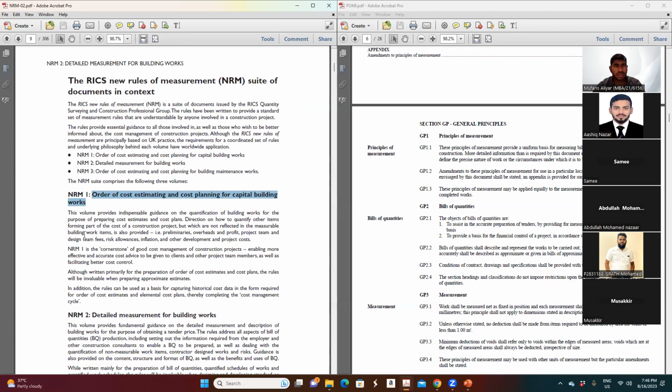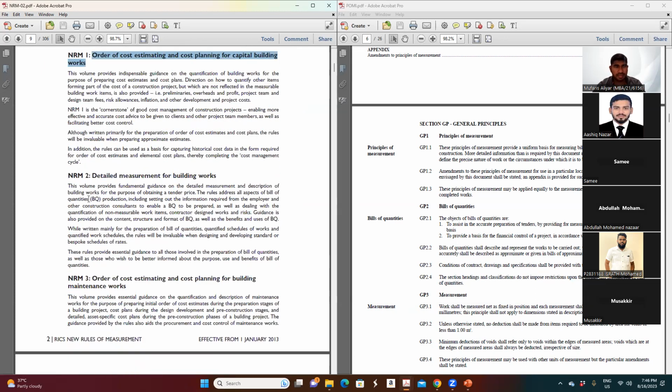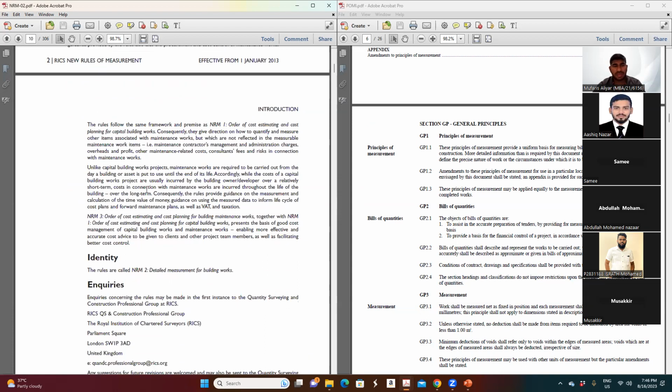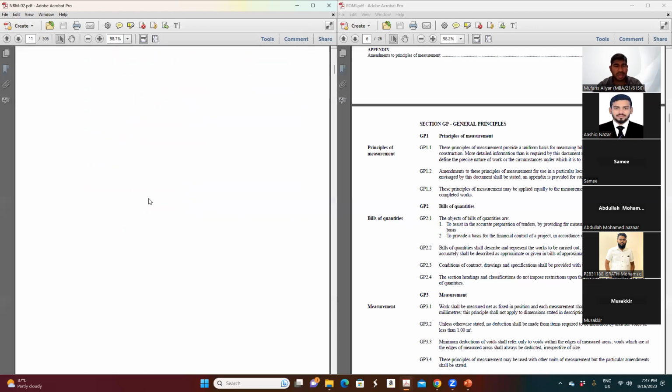Order of cost means cost planning, which is one of our subjects, and we'll add to it later. NRM2, the one we are going to look at now, is detailed measurement. And NRM3 is the order of cost estimate and cost planning for maintenance work. When the project is completed, it goes to maintenance, so that will be the maintenance part in NRM3.